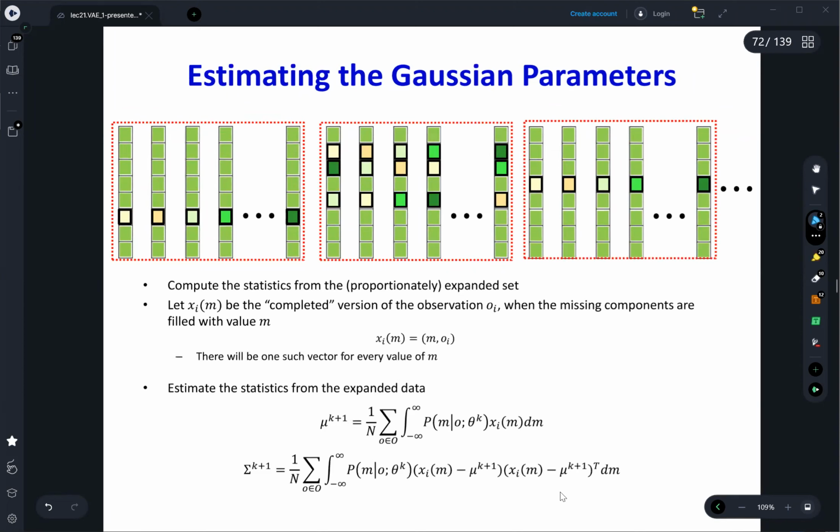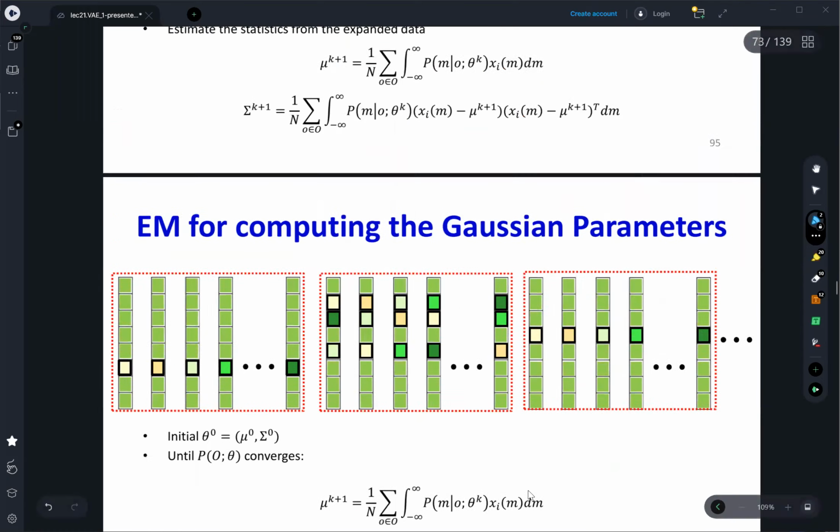I've just written it down to show how this worked out. But the integral over here is simply indicating that every possible value of the missing components has been filled in, right? So you're summing over all of these, which means you end up with an integral. But that's just how the arithmetic worked out.